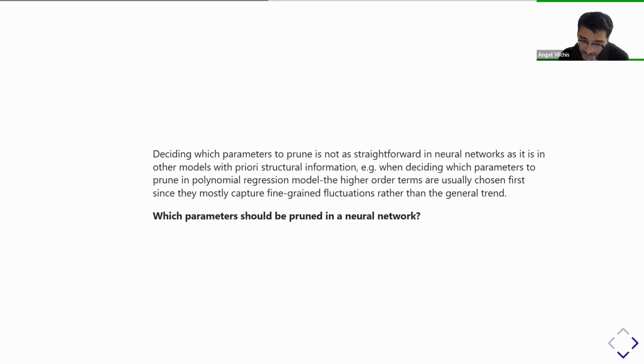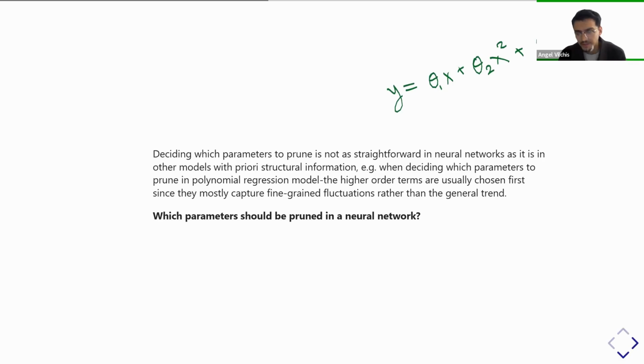There are some models where it's clear which parameters we should prune. For example, polynomial regression: y equals first parameter times x plus second parameter times x squared plus third parameter times x cubed, and so on.